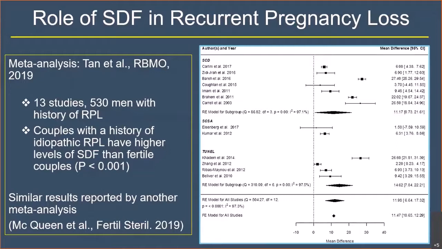And this forest plot shows that couples in all the studies included, couples with a history of idiopathic recurrent pregnancy loss, have higher levels of SDF than fertile couples. And here I'm not reporting the second forest plot, but similar results were also shared by another meta-analysis published in the same year.